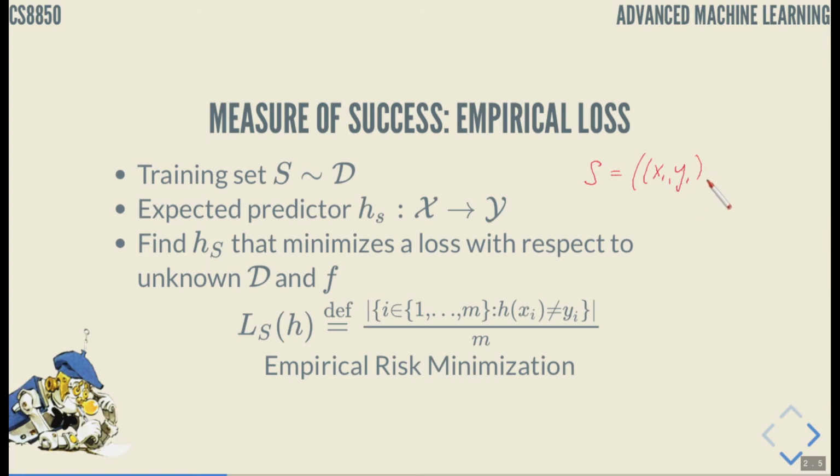So we already have both of them, x and y, and the last one is x_m, y_m, right? There's x_i and y_i. So we have all those pairs, and we just count our error on the training set S, and this is our empirical loss.